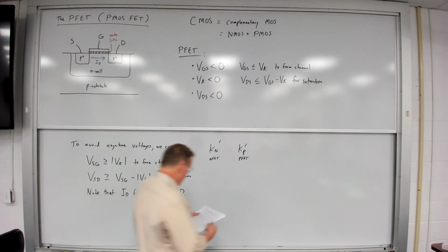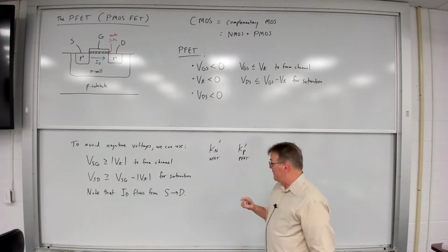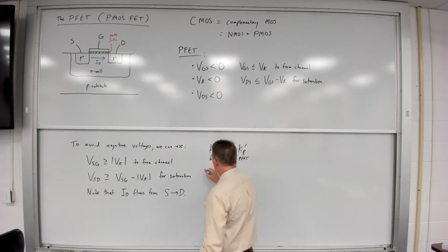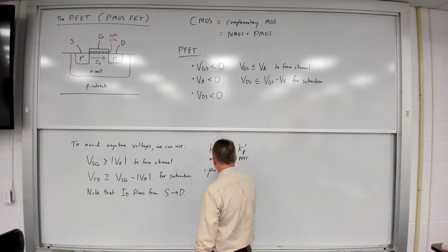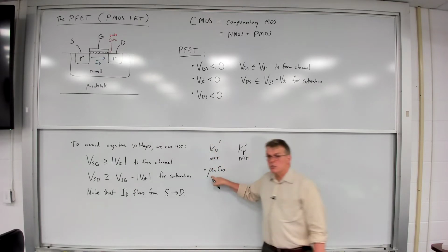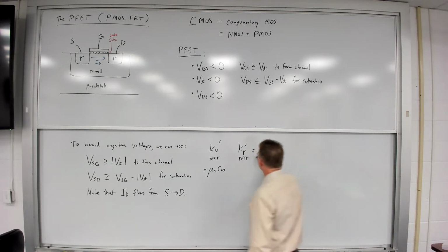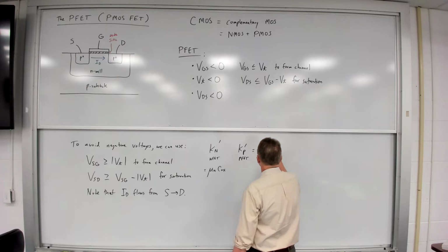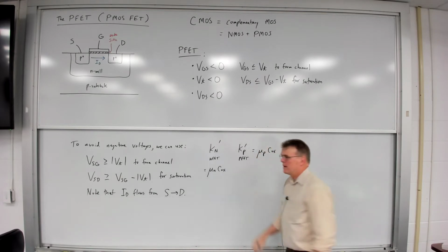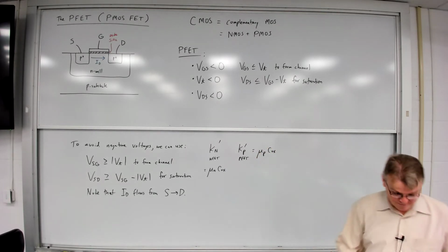All right? But what's interesting about this is, remember, K sub n prime was equal to mu sub n times Cox, which is the mobility of electrons. Over here, K sub p prime will be equal to mu sub p times Cox, the mobility of holes.